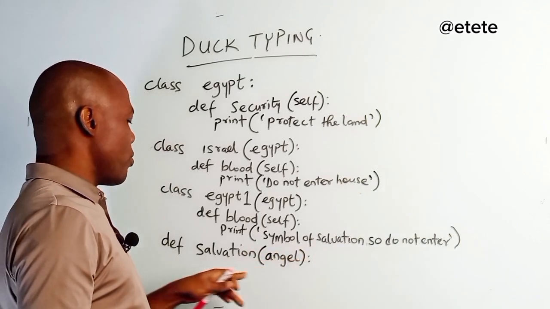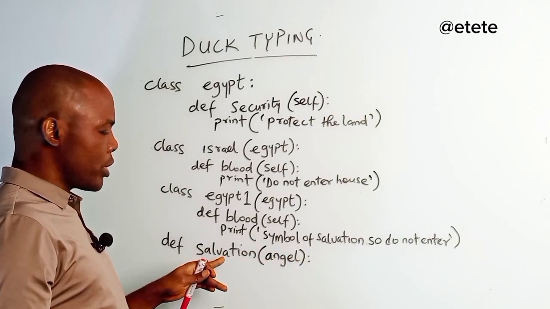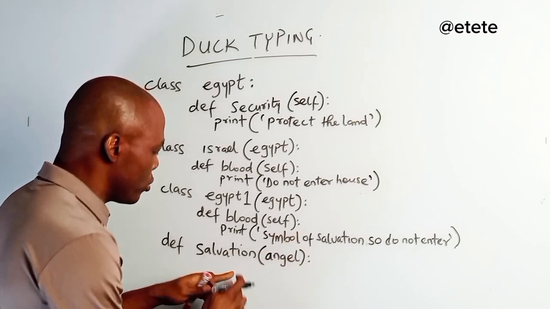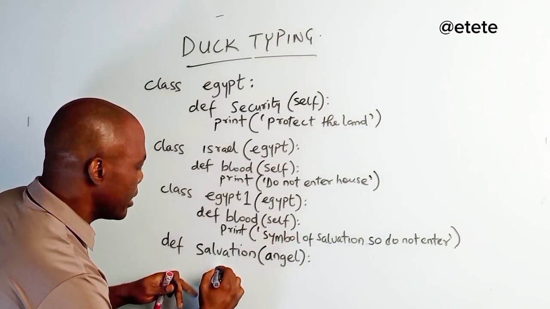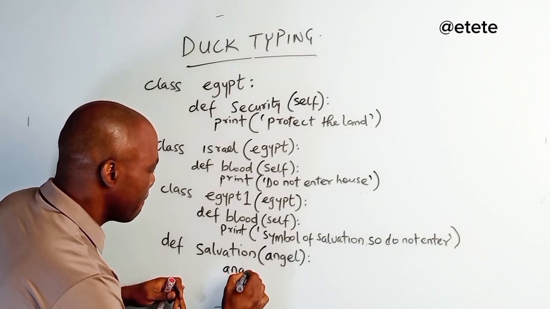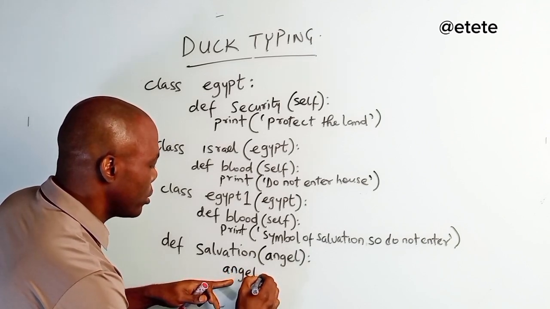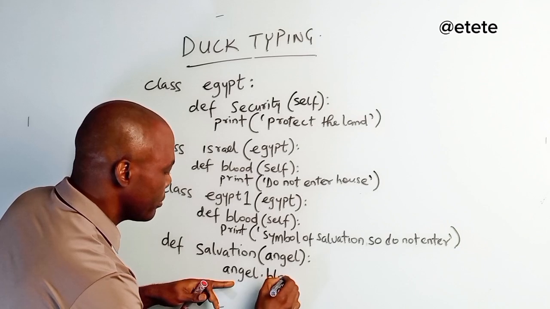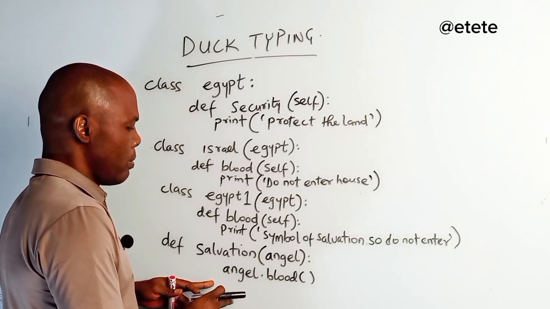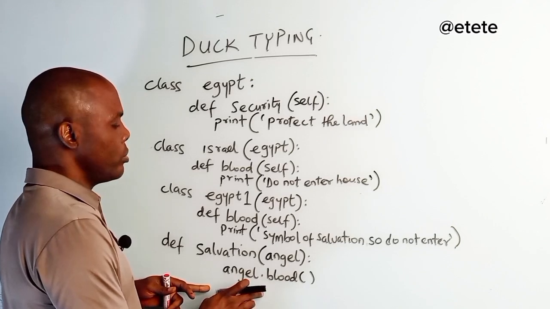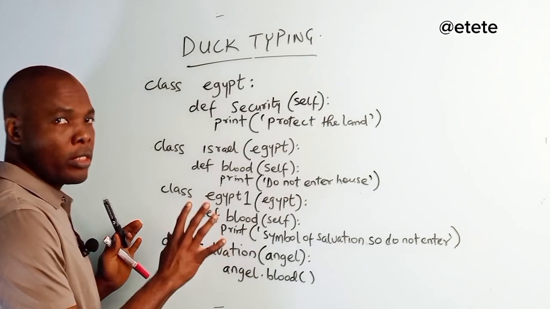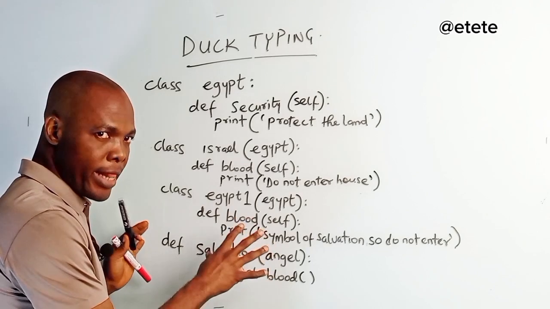Once you create this method, and this method is called, you will go in. What are you going to do? You will now come here and say angel dot blood. Now, if I continue, you might not be able to see it. So let's just leave it here like this.